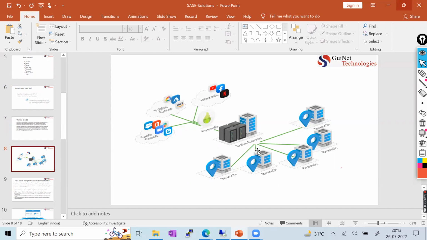If the user is trying to access these applications through my data center, which has the internet gateway, how should all these applications be protected, what should be allowed, and what should be denied? If any session is accessing my cloud-based application, I should be able to see what kind of things are going through my network. SASE is going to provide that visibility.